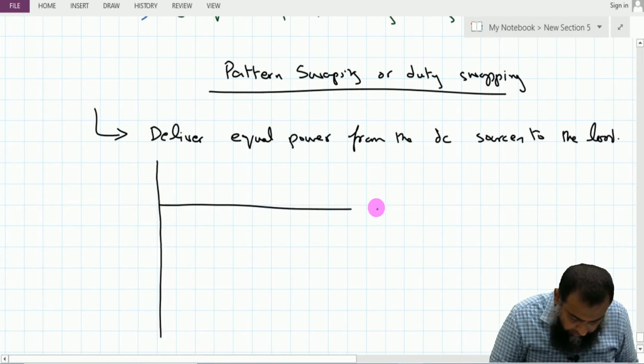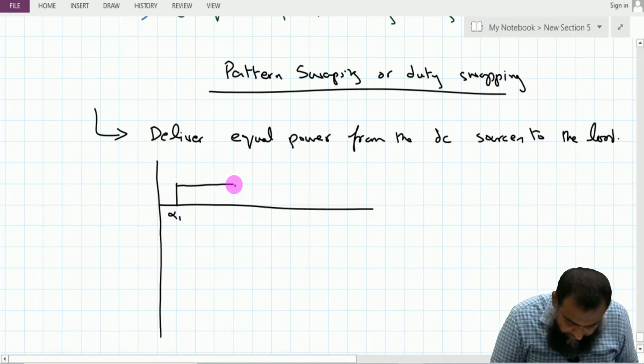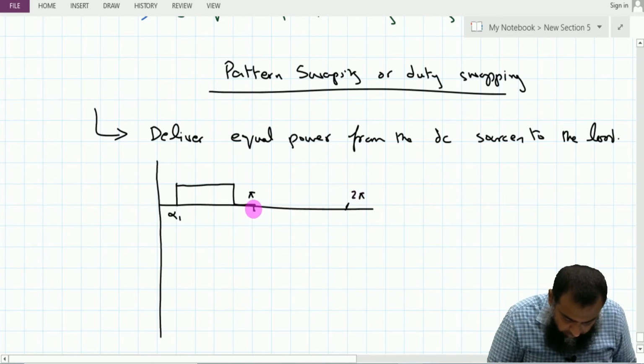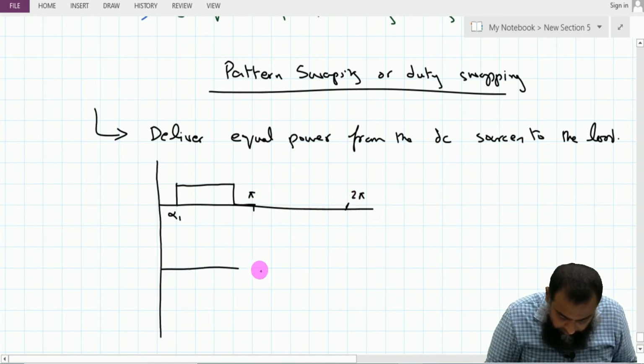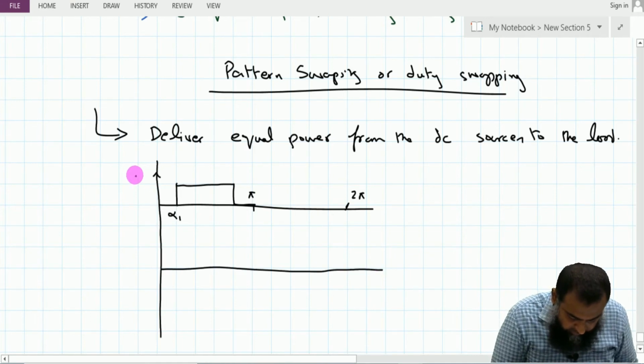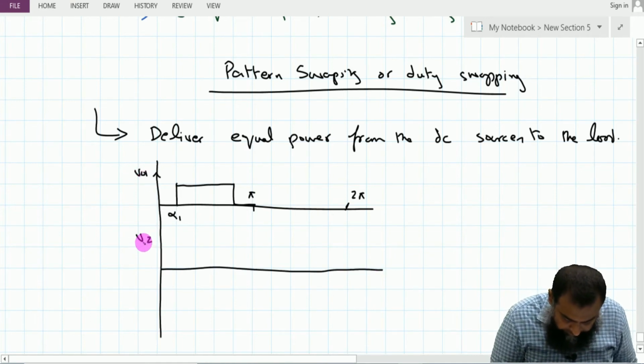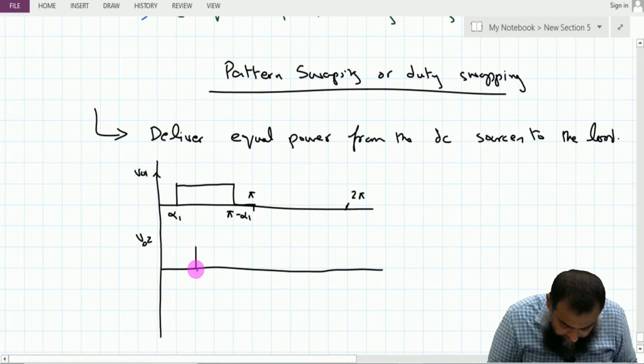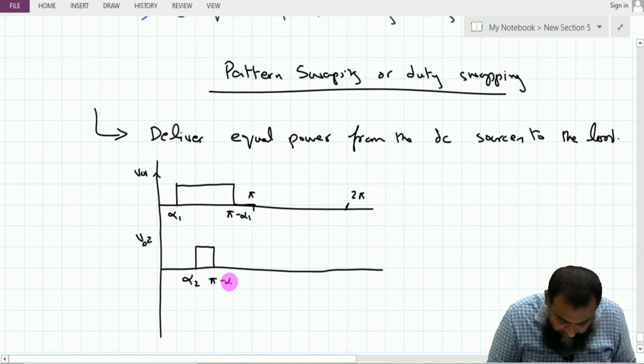The scheme is that if this is alpha 1, and here we have pi, so 1 2 3 4 5, here we have 2 pi, and this is V01, this is V02, so this is alpha 1, this is pi minus alpha 1, let us say this is alpha 2, this is pi minus alpha 2.